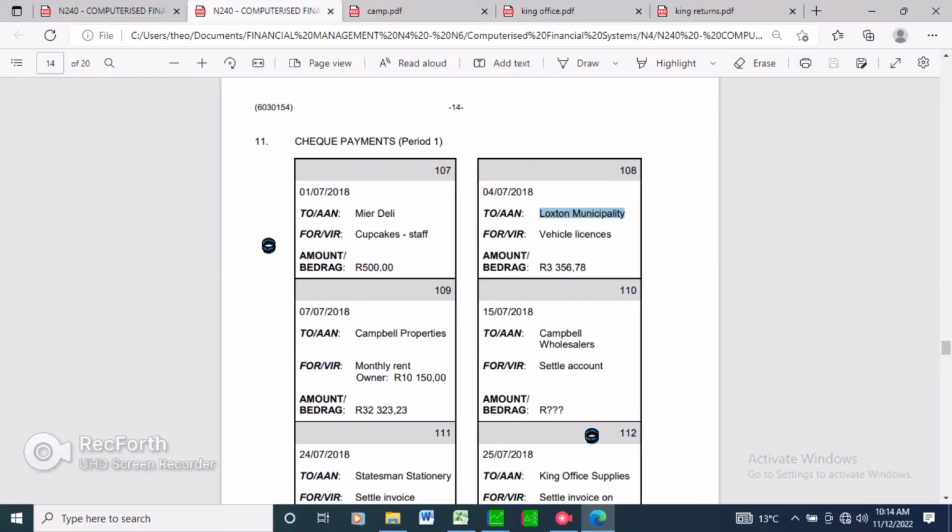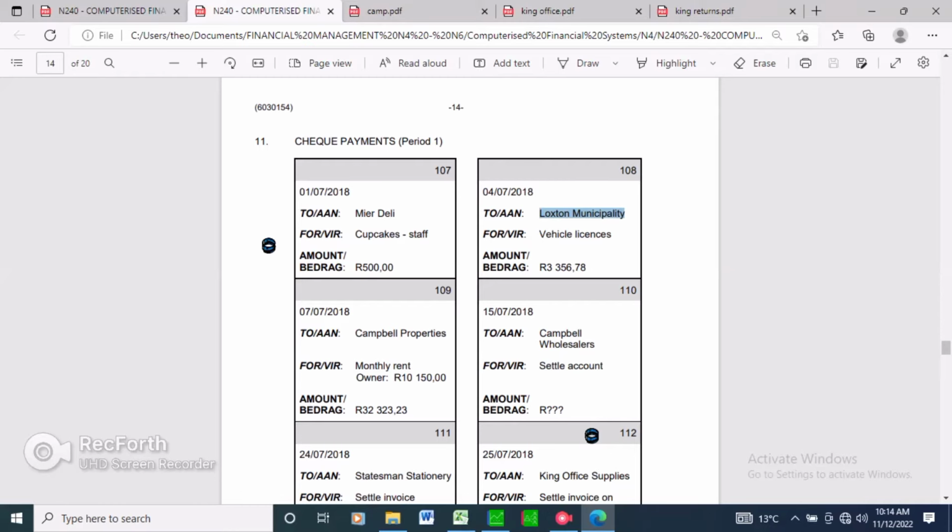That's because of the payment from Campbell Properties, guys. They paid 32,323.23 for monthly rent, and the owner also took 10,150, guys. If the owner took money from the business, guys, that's drawings.